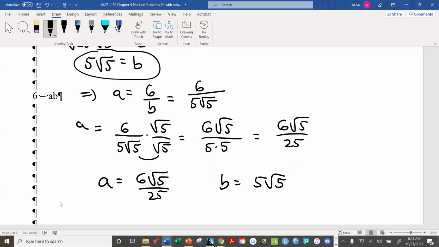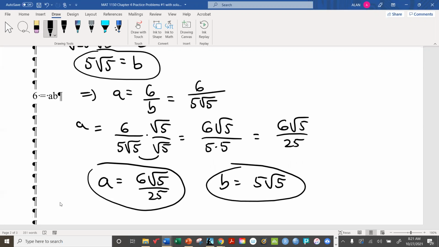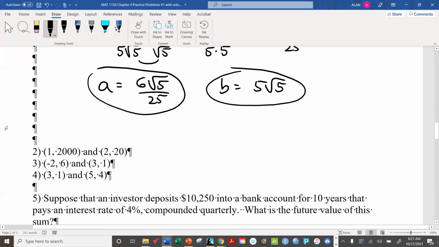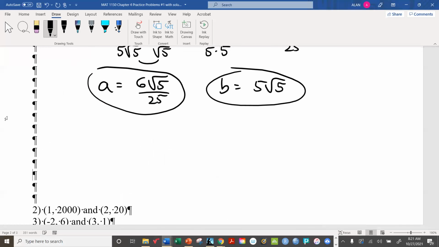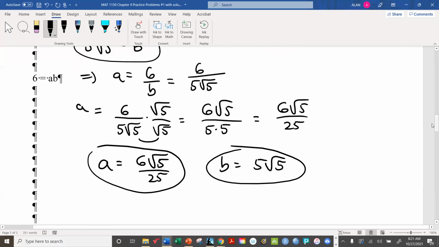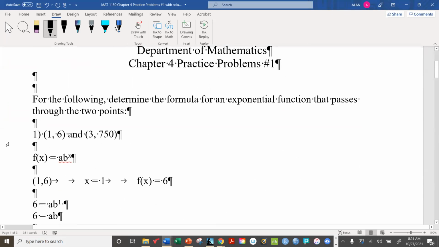Now, again, remember, these refer to components of an exponential function. So remember, that's written as, from the top, let's go grab this again and make the substitutions.